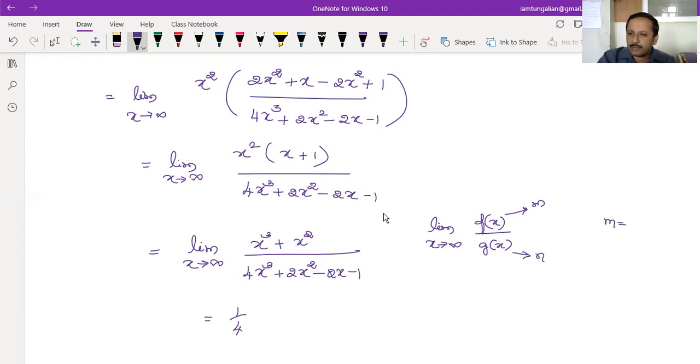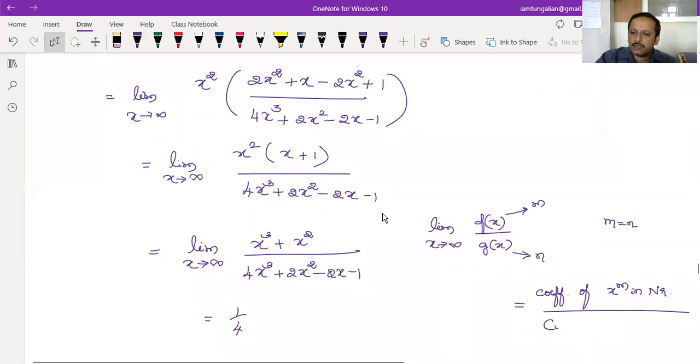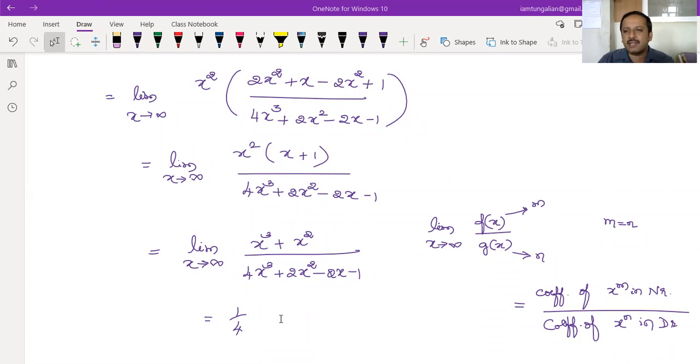Now, if m is equal to n, then this limit is equal to the coefficient of x power m in the numerator divided by the coefficient of x power n in the denominator. This holds when they are polynomials of the same degree; if they are of different degree, then we can't use this formula. If they are of the same degree, then the answer is equal to the coefficient of the highest power of x in the numerator divided by the coefficient of the highest power of x in the denominator.